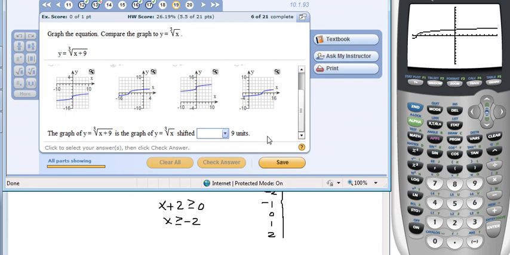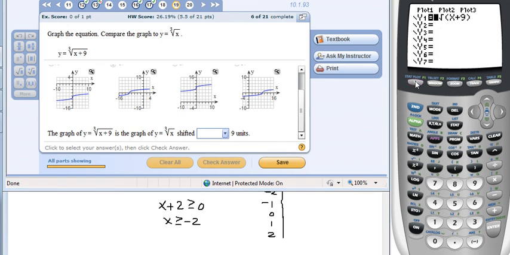What is this saying here? The graph of this function is shifted off of this function. So what we're going to do is leave that one in here, and graph this one alongside it and see what's going on.